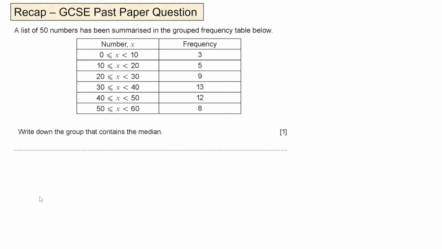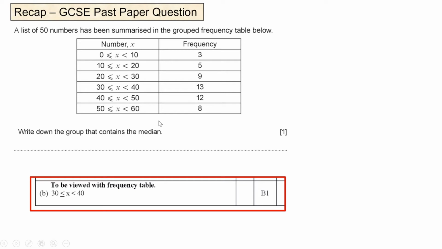Okay, so hopefully now you paused and you've just pressed play, ready to mark your answer. This is a GCSE past paper question. You can see the answer was the group from 30 to 39, or well, 30 to 40 would be the group that you'd write down.